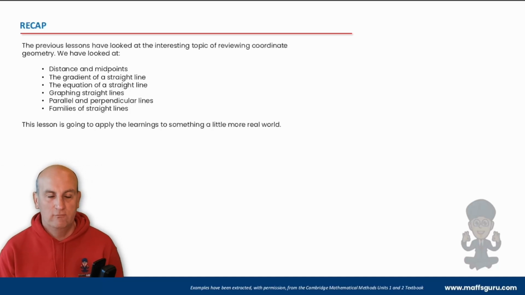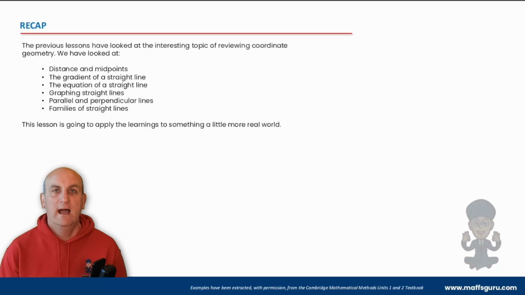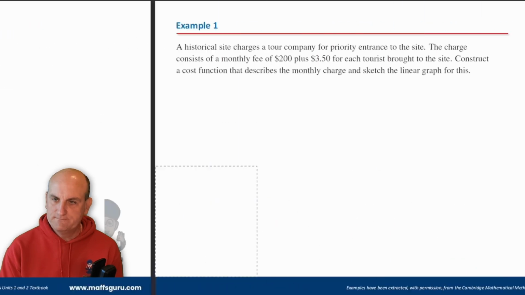Can you extract relevant information from a question and turn it into undoubtedly an equation, and then either sketch it or find crossing points or x-axis intercepts, y-axis intercepts, all these various things to try and help us model those real life things out there. All right, so that's our recap.